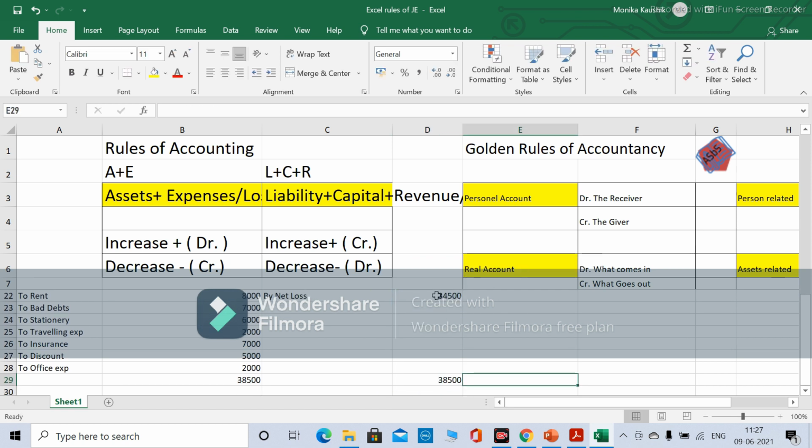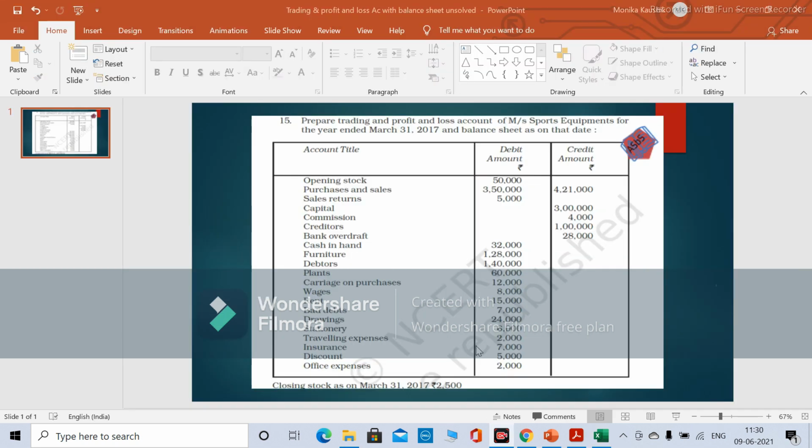Okay, so this net loss will move again in the balance sheet, we'll have to deduct it from the capital portion. In the balance sheet, we should recheck all the items are covered here or not.